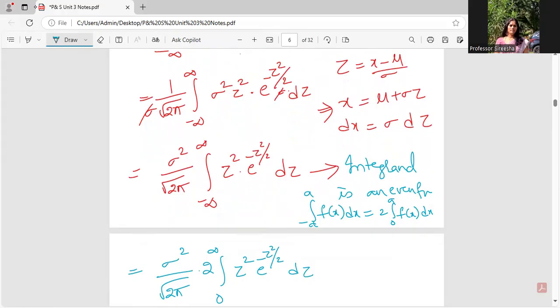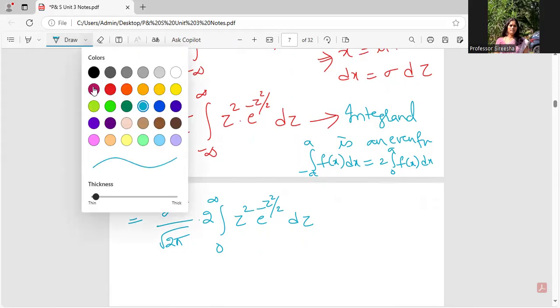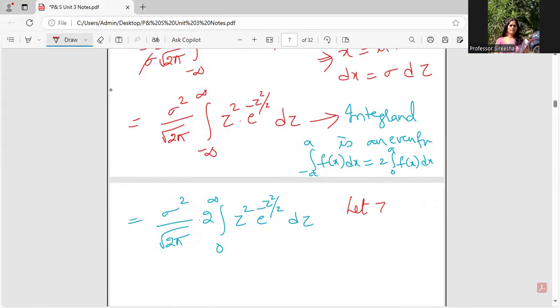Okay. I can go with the substitution where z squared by 2 is equal to t. So 2z by 2 dz is equal to what? dt. Right? z dz would be dt. But I have z squared, guys.